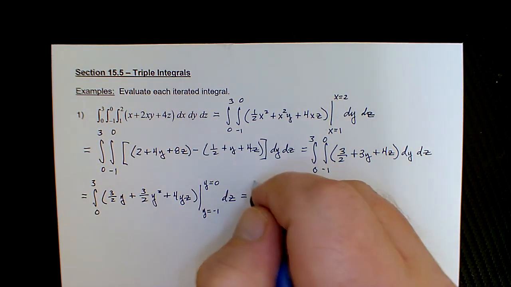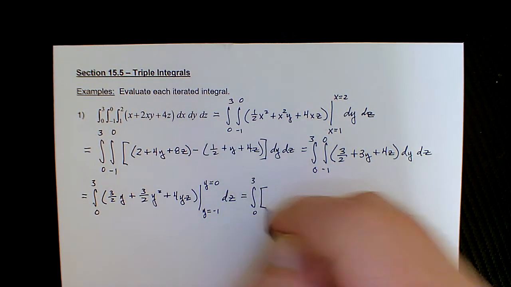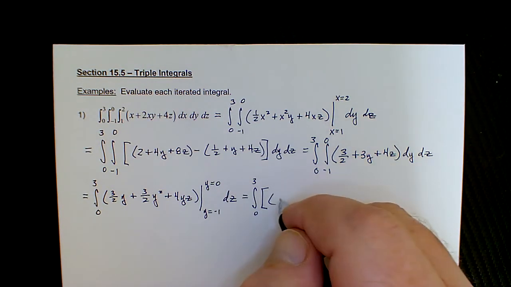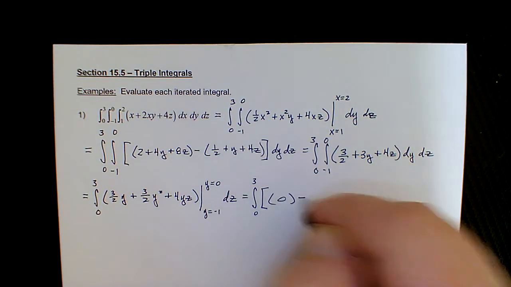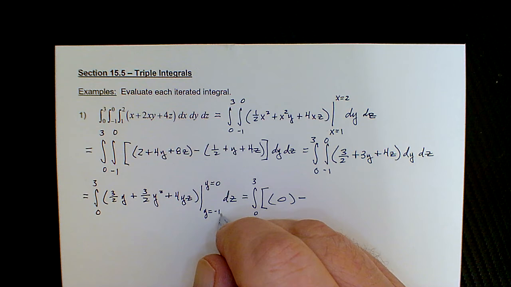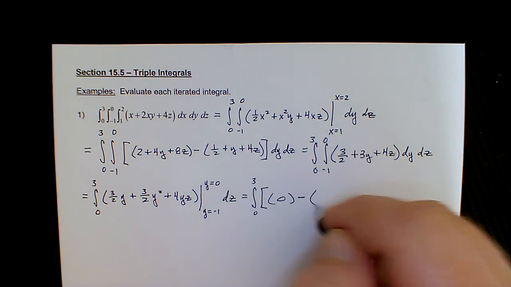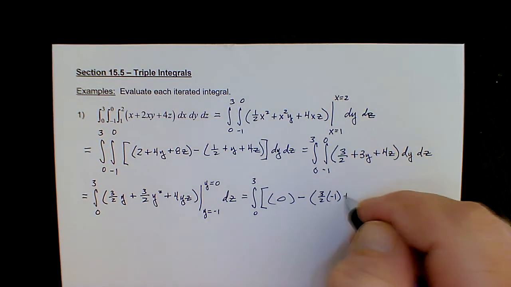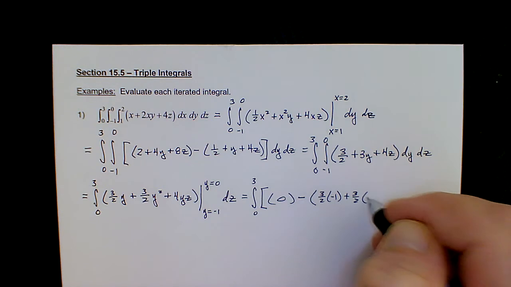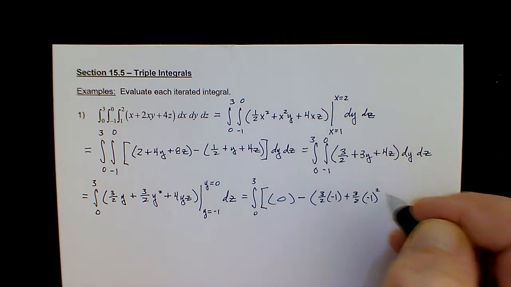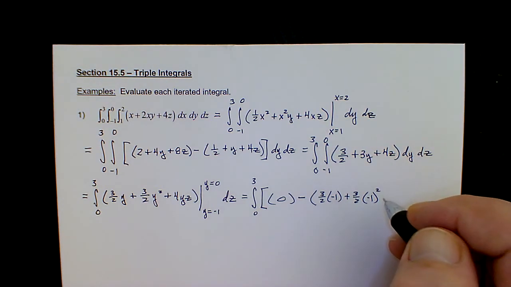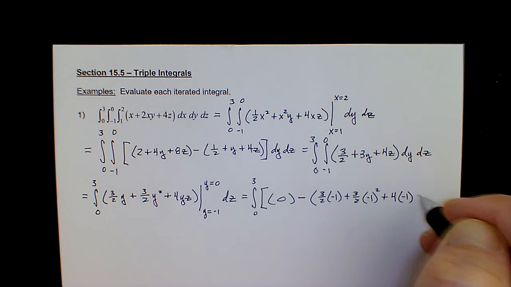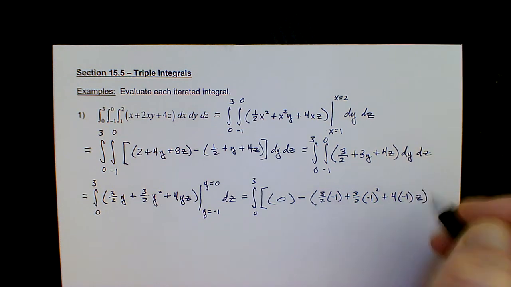So then fundamental theorem, 0 to 3, use some brackets, 0 goes in for y, so I'm just going to say a big 0 here, and then minus a -1 goes in for y, so that would be 3/2 times -1 plus 3/2 times -1 squared, and then plus 4 times -1 times z.